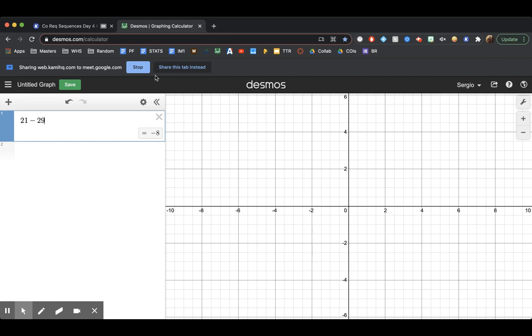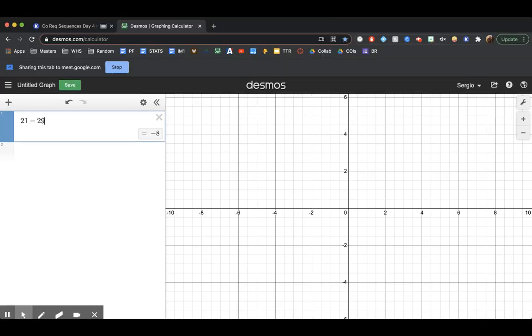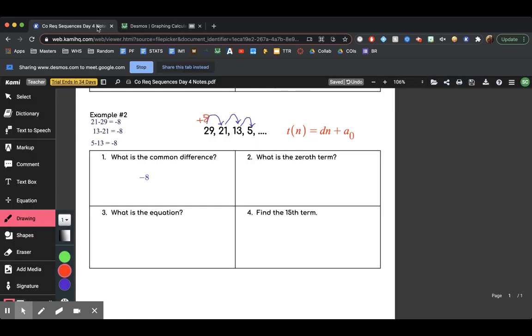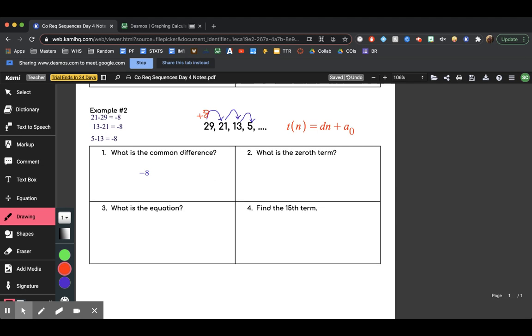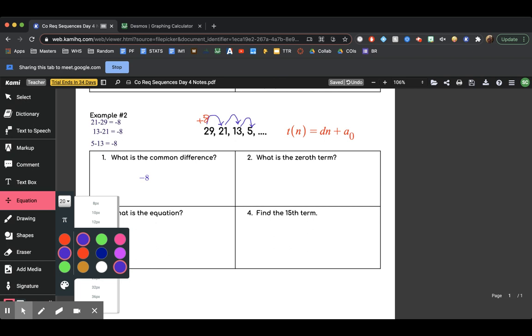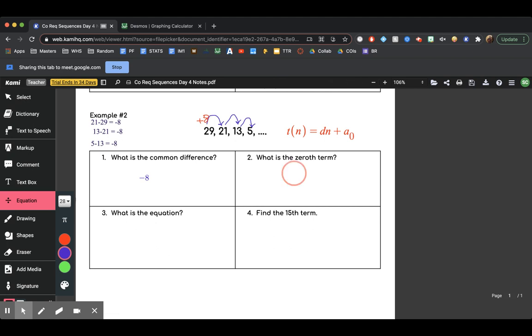And as always, you can go to Desmos and say 29 plus 8, and that gives you 37. So that tells me that my 0th term is 37. So that's what I'm going to write here, 37.